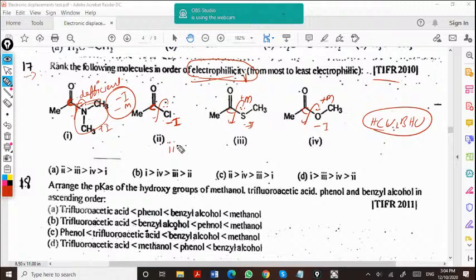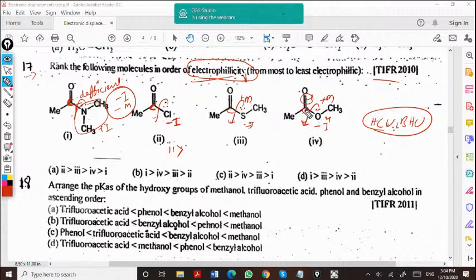So 2. Okay. Then among oxygen and sulfur, oxygen will be more electronegative, but when oxygen and sulfur donate the electron pair, oxygen donates it more efficiently compared to sulfur, because it is a 2p system and the carbon is also a 2p system, which results in conjugation to a greater extent, with more parity between the orbitals, so that exchange of electron density will be easy.